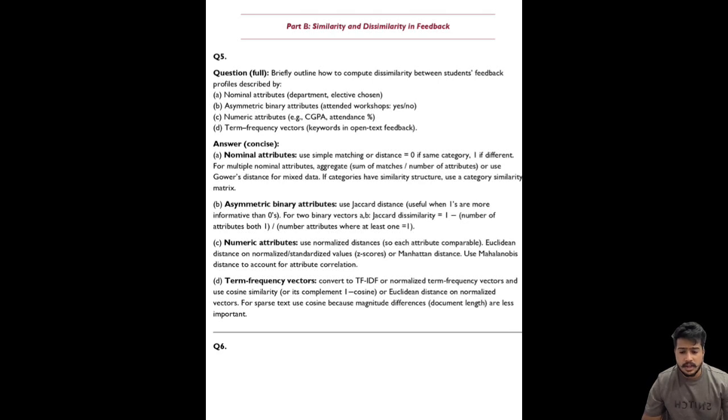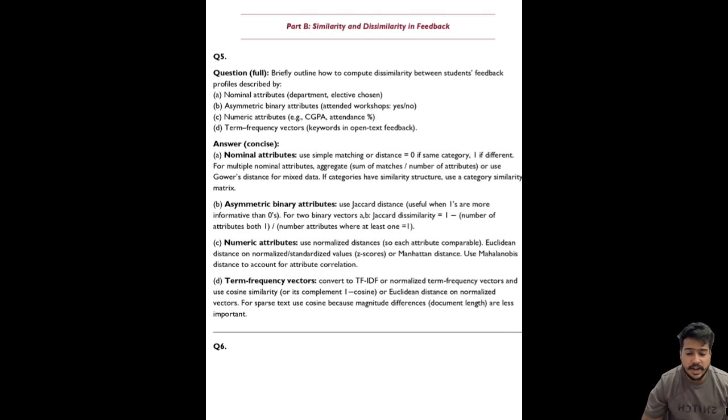Here we have dissimilarity for binary attributes. Use Jaccard distance for two binary vectors. Jaccard dissimilarity is 1 minus the number of attributes where both are 1 over the number of attributes where at least one is equal to 1.